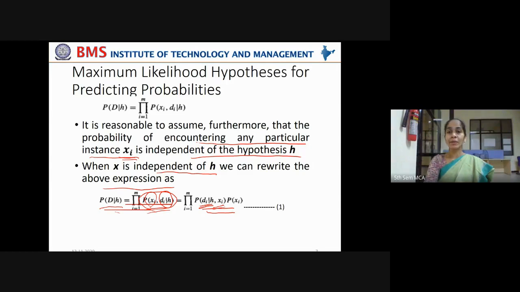You want the prior probability of xi to use for the calculation of this probability of d given h. Why? Because xi is independent of the hypothesis. Okay? Mark this as your equation 1 because it will be used in later derivation.